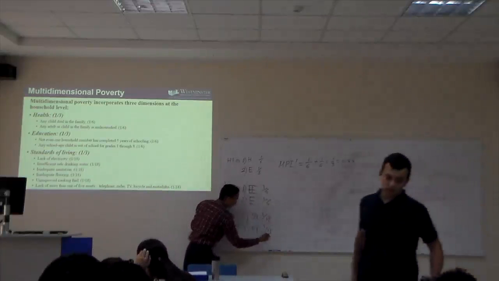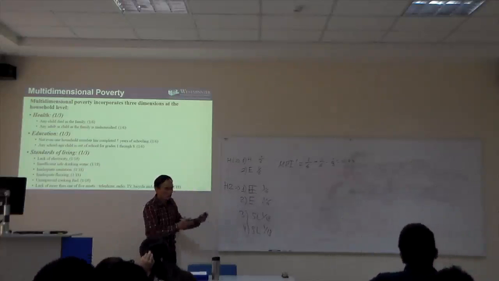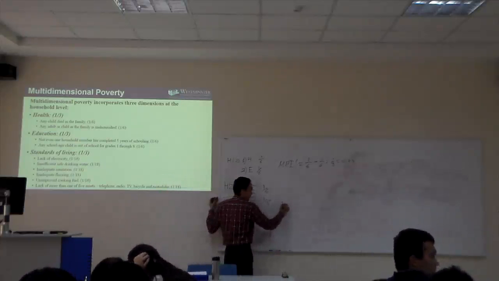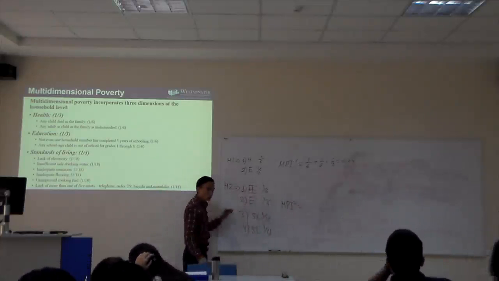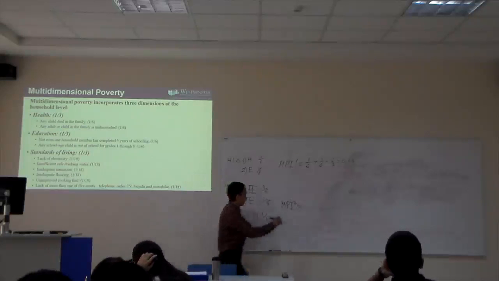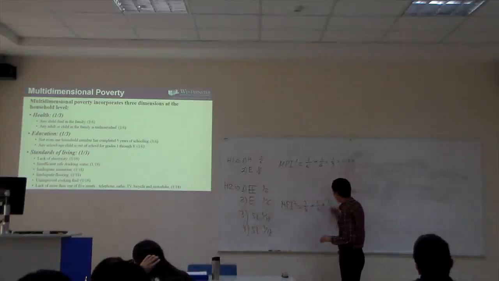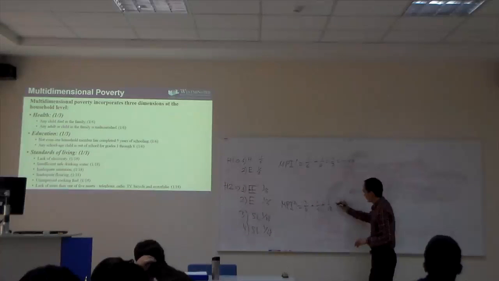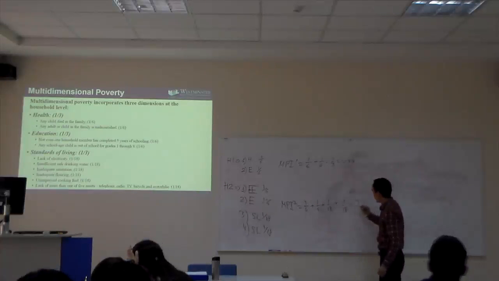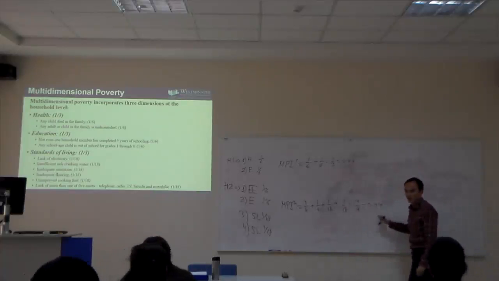So now you can easily calculate the multidimensional poverty index for household 2. 1 over 6 plus 1 over 6 plus 1 over 18 plus 1 over 18, which will give you 4 over 9, which is 0.44, 44%.